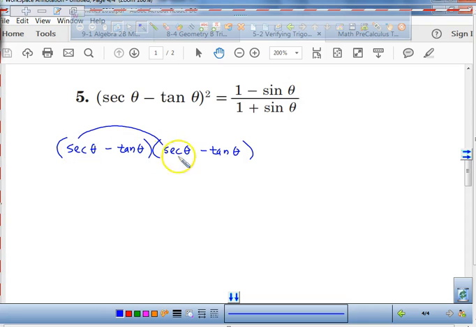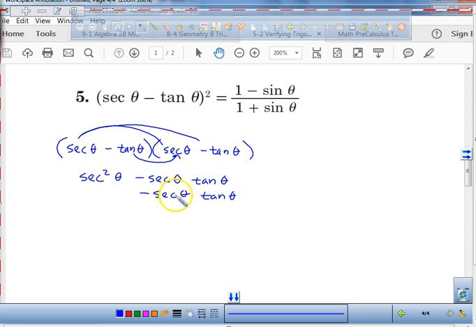The secant of theta times the secant of theta is the secant squared of theta. Secant times a negative tangent. That's okay. It's just a negative secant tangent. A negative tangent times a secant is another negative secant tangent.